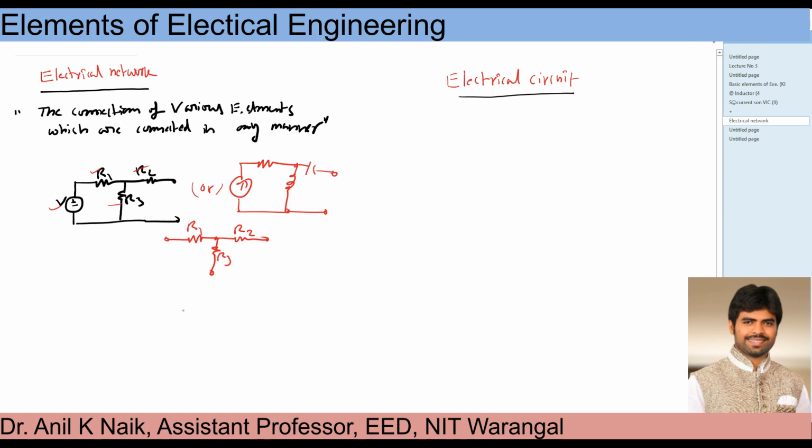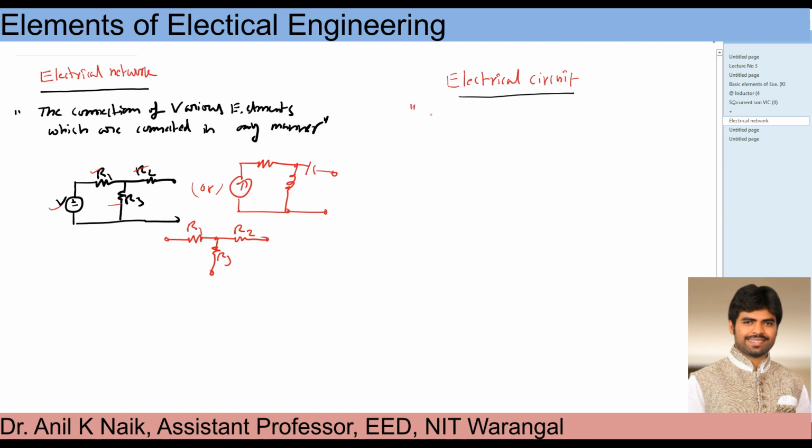Or if I connect the network like this, this is also a network. So if two or more electrical elements are connected to each other in any manner, that is called an electrical network.